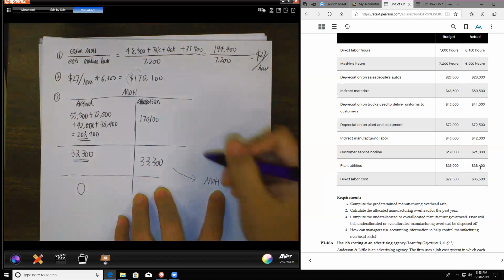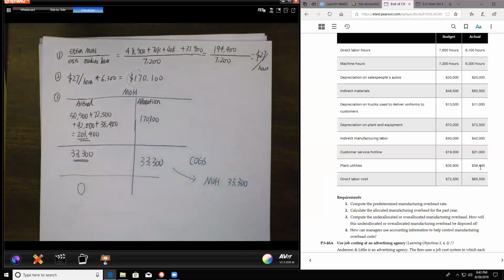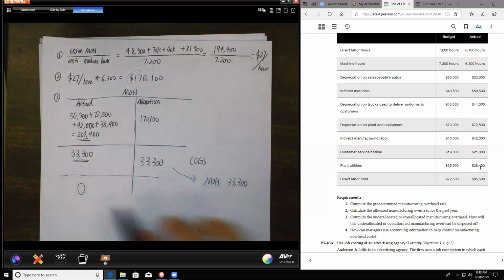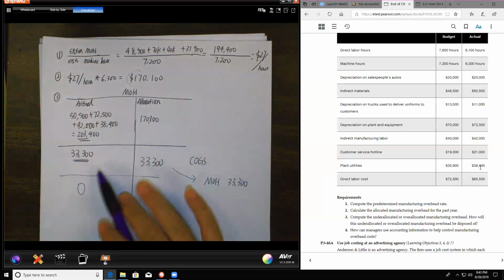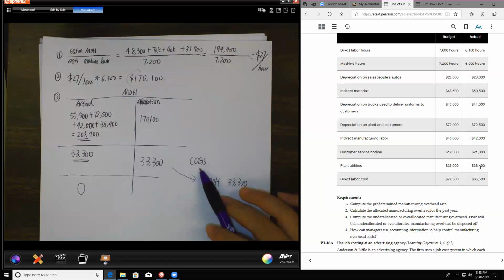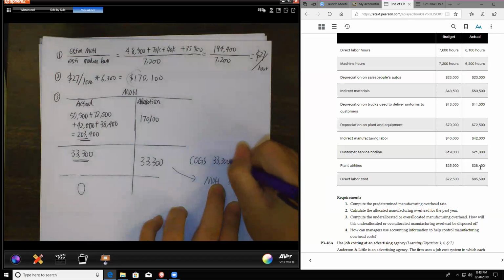We debit cost of goods sold because we under allocated. We should have allocated 33,300 more, but we didn't. So now we need to adjust. We need to increase our cost of goods sold by 33,300.